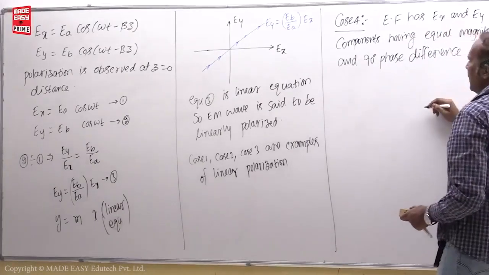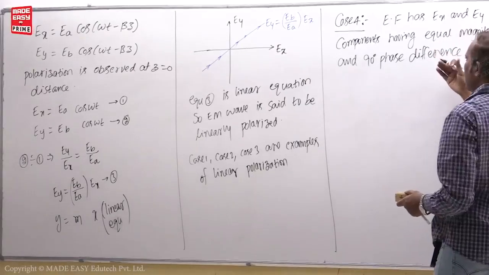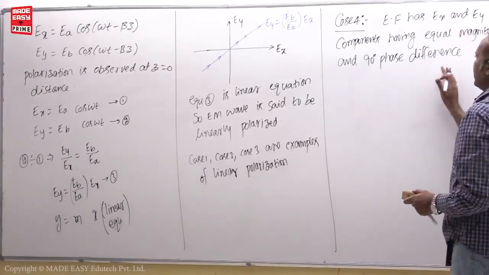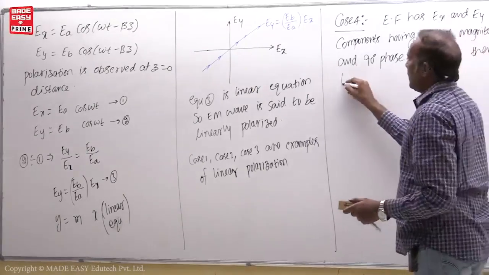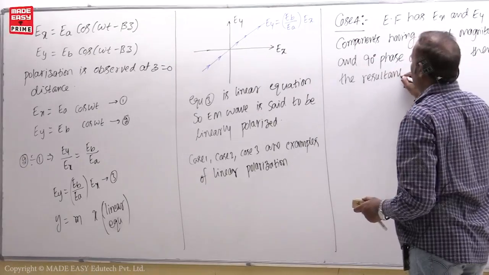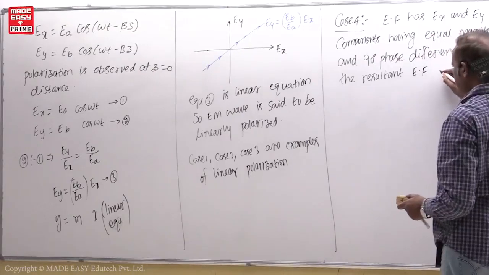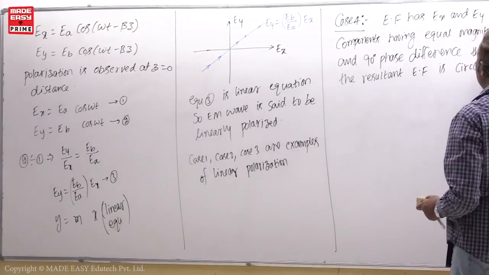See carefully the statement. The electric field has X component, Y component, both are present, and they have equal magnitudes but 90 degrees phase difference. Then the resultant electric field is a circle.